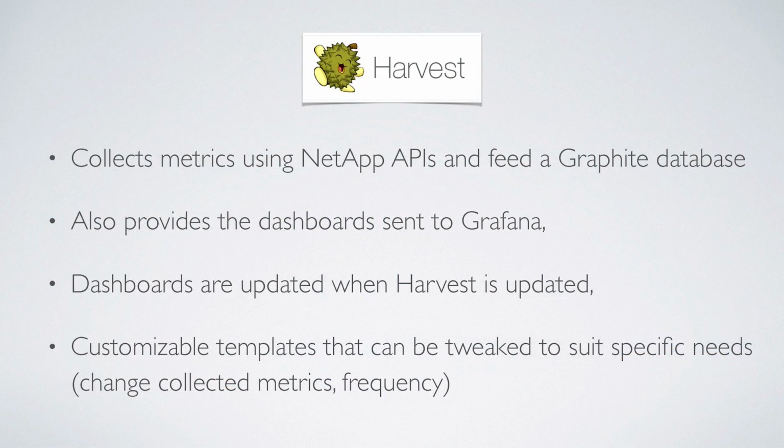When you install Harvest, you're up and running. Once Harvest is running, you get the dashboards and you get the metrics right out of the box. So you have something to work with as soon as Harvest is installed. And the good thing is that when you update Harvest, the dashboards get updated as well. It's pretty clean in the implementation.